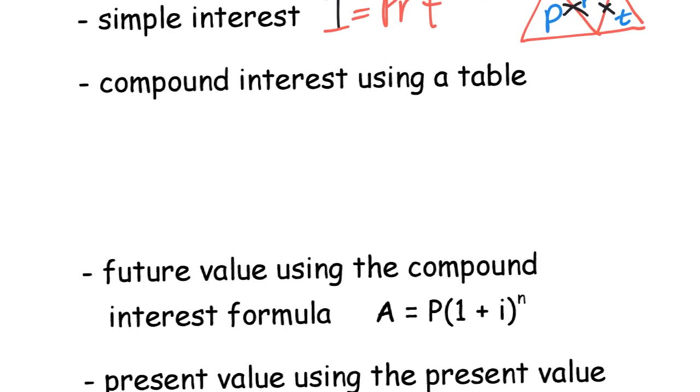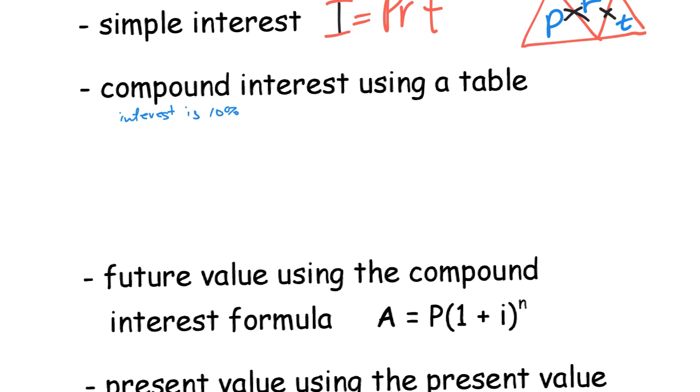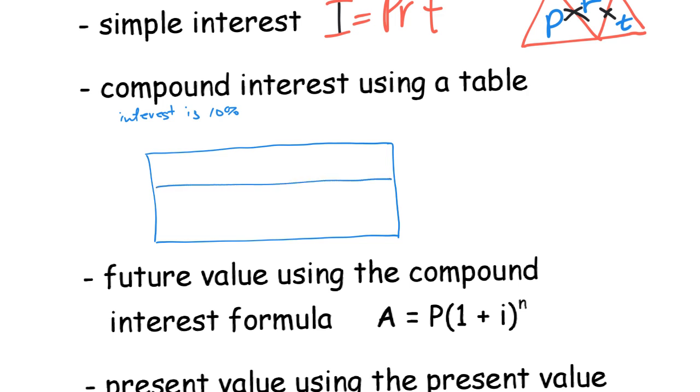All right. So imagine I have something like this. And what you're going to do is you're literally going to create a table with 3 columns. You have your interest of 10%. And all we're going to do is calculate the interest of 10% on a starting amount of, say, $100, right?